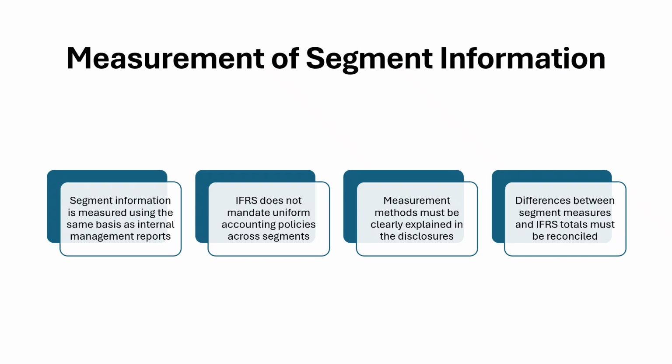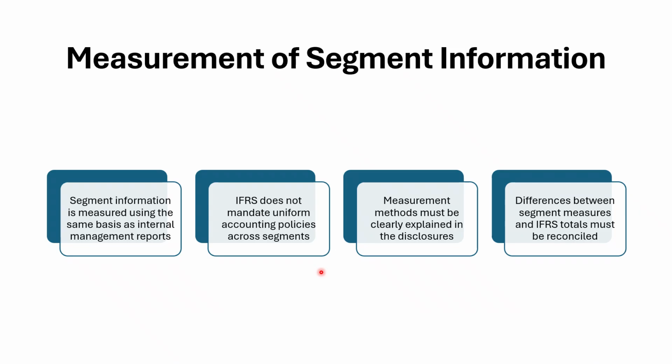Okay. Now, how is the segment information measured? Segment information is measured using the same basis used in internal reports reviewed by the CODM. This means segment figures may not follow IFRS measurement rules used in the financial statements. What is the idea behind it?